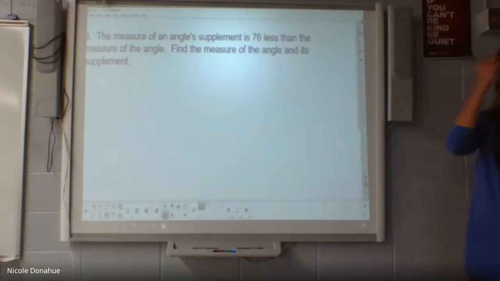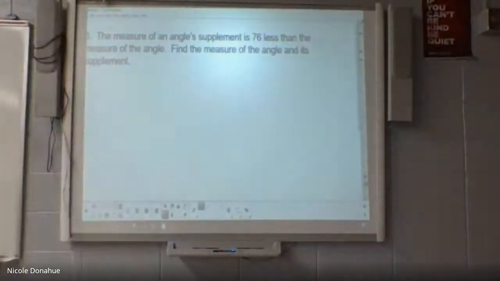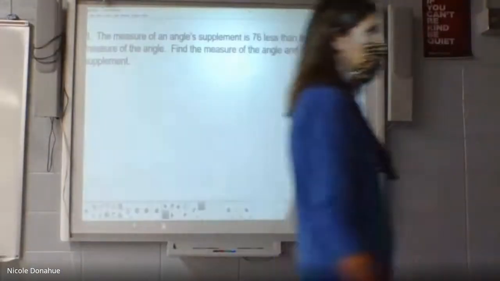All right, so the measure of an angle's supplement is 76 less than the measure of the angle. That's a lot there. I'm going to think about what they're saying in a second here. The measure of an angle's supplement is 76 less than the measure of the angle. 76 less than.